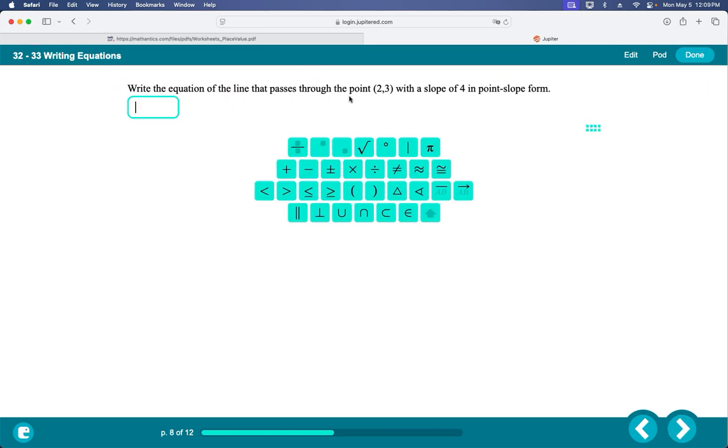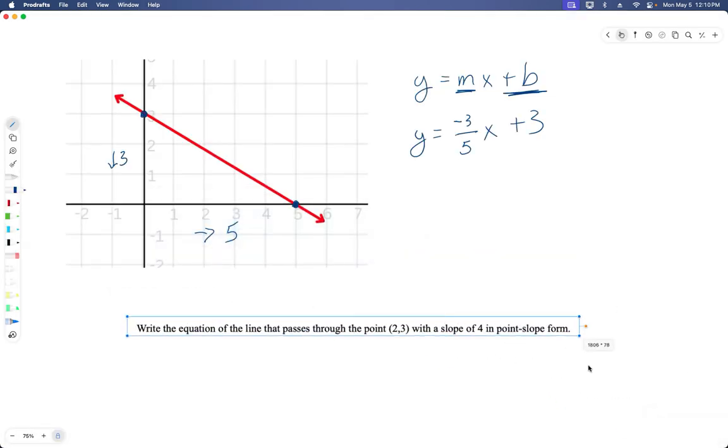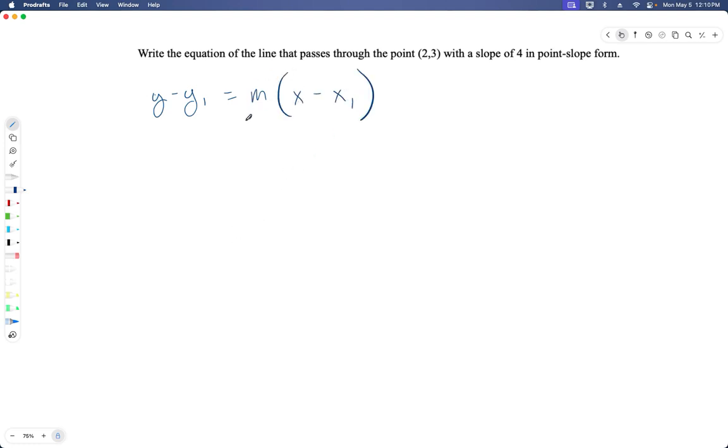We're going to write the equation of the line that passes through the given point. First, let me copy this over so we can write this where we can make some notes. Let's remember our form: y minus y1 equals m times x minus x1. The only thing we really have to find is the slope, and it tells us the slope here is 4, so we put 4 in for m.